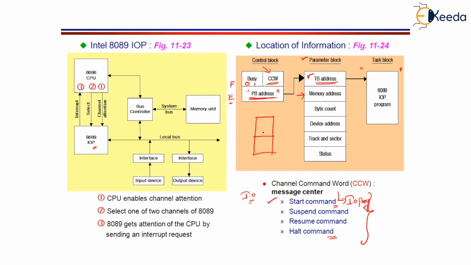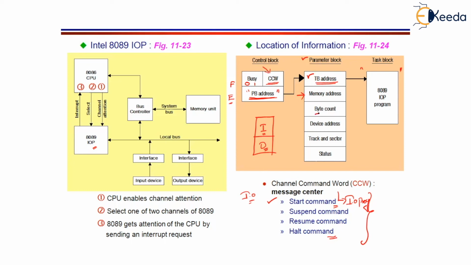When a program is being executed, the program will be stored in the instruction part and the data will be stored in the data part. So for the instructions, there should be data operands. This memory address is just a pointer to the data operands for the IO instructions.